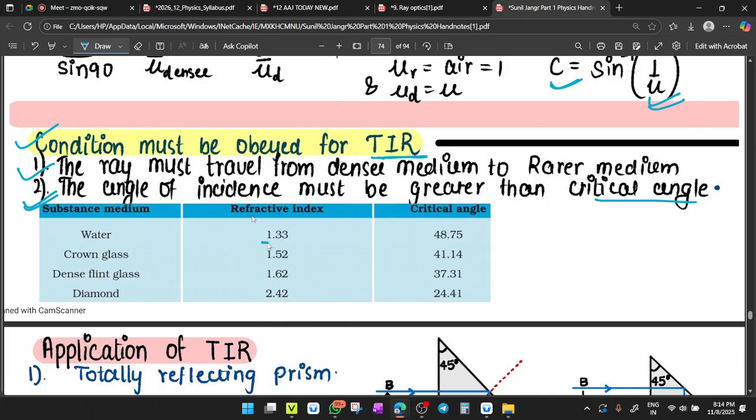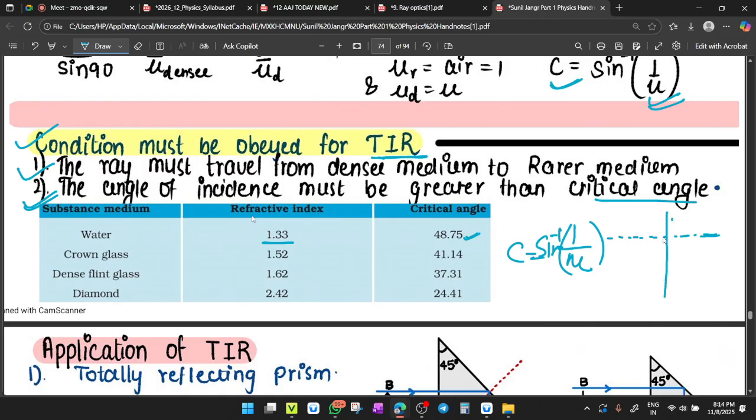Water refractive index equals 1.33, and by the formula, sine C equals 1 upon mu, C equals sine inverse 1 upon mu. You get that angle, 48.75. Clear? It means for the water-air interface, the critical angle is 48 degrees.